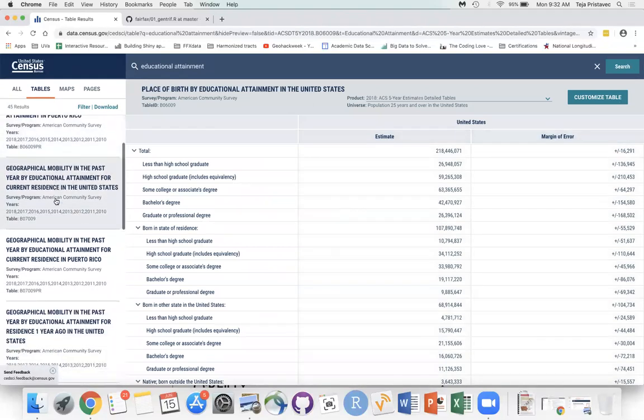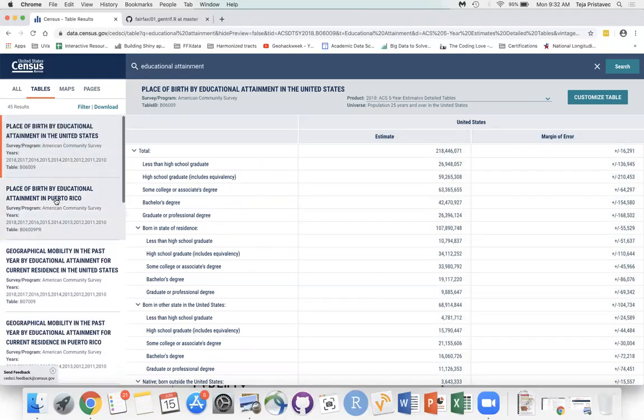It's still giving me a bunch of different tables. And one thing to know about ACS is that a lot of the time, it's not going to give you just a breakdown of gender, just a breakdown of education, just a breakdown of percent of people living in poverty. It's going to give you crosstabs of 2 or 3 variables. That has a bunch of different purposes. One of them is a concern for re-identification.